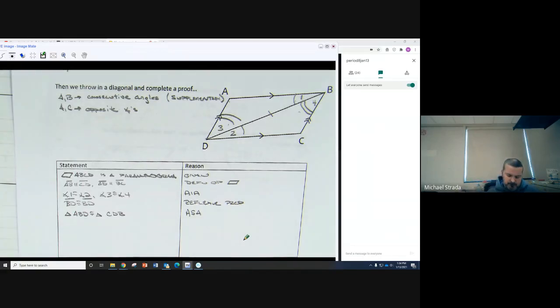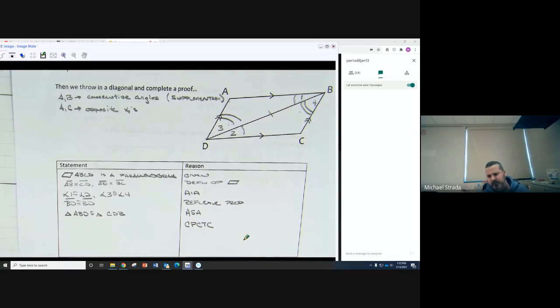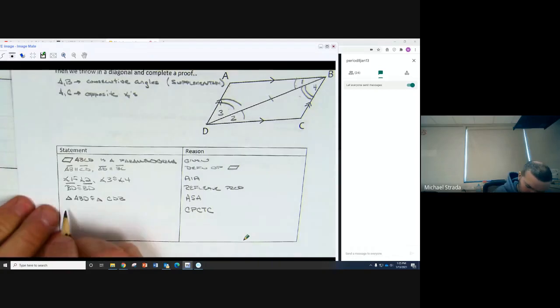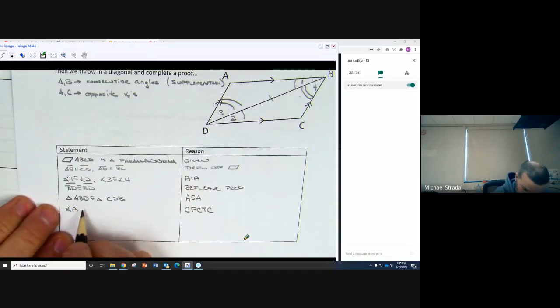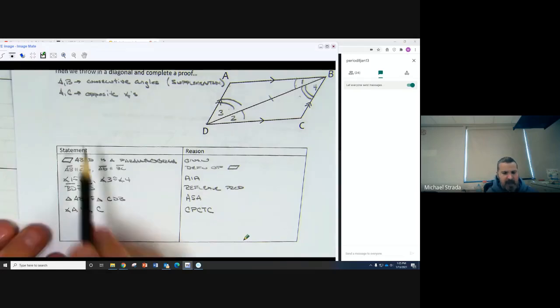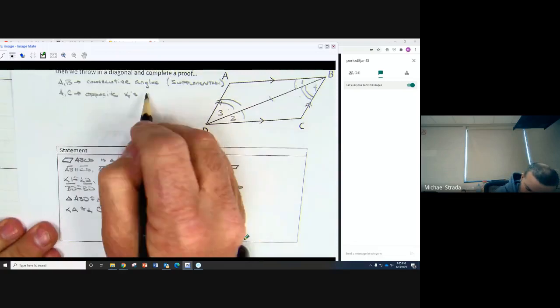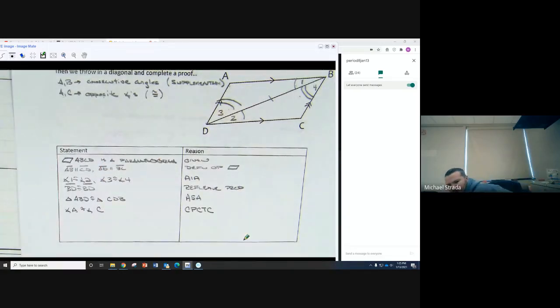Okay? As always, what follows our statement of triangle congruency is CPCTC. And this is where our properties kick in. Angle A, the first letter here, is congruent to angle C, the first letter there. Notice A and C are opposite angles. As a result, we say that opposite angles of a parallelogram are always congruent.